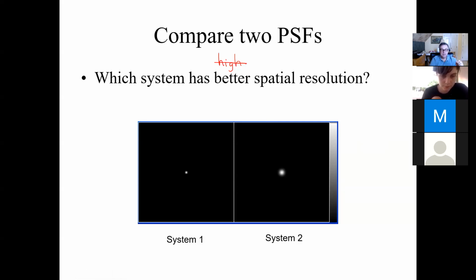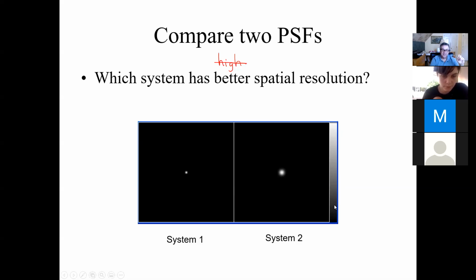Okay. And by the way, again, I could be tricking you, but I'm not, by using different grayscale displays for these two things and just making this look narrower. This is why, and again, not everybody does this, but if you put images into a paper, you probably should give it a grayscale bar.